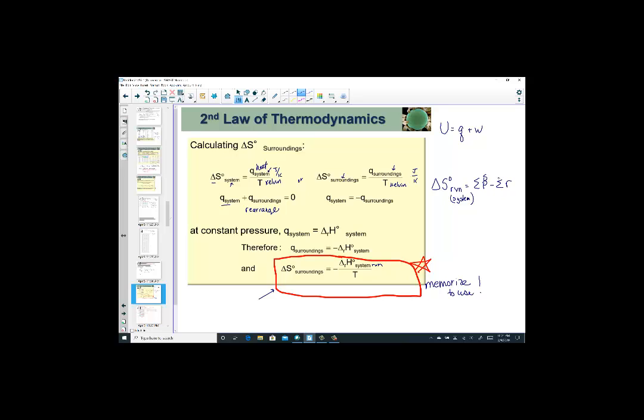But if I want to know the entropy change of the surroundings, I use the enthalpy change. Notice the negative sign, because that's the important part here. The enthalpy change, the heat of reaction, over the Kelvin temperature. And so delta H is enthalpy, heat of reaction.